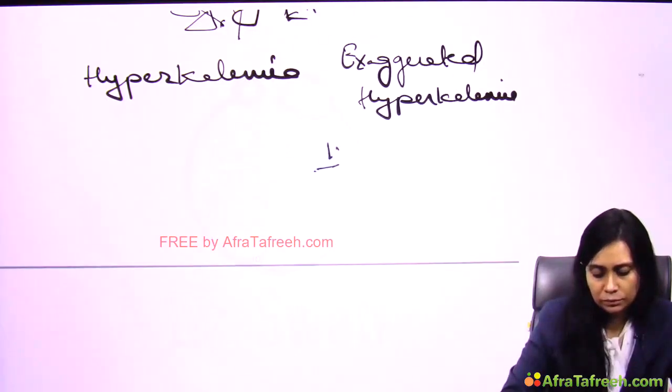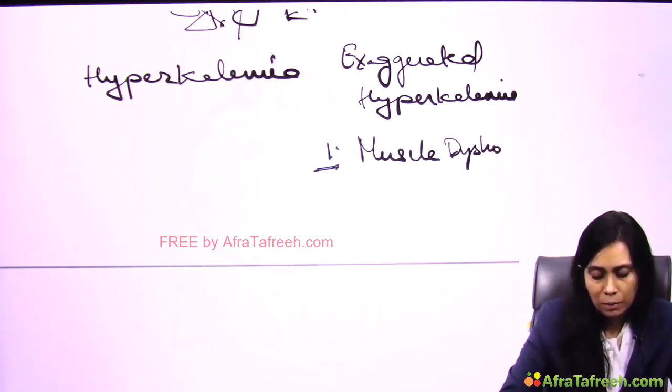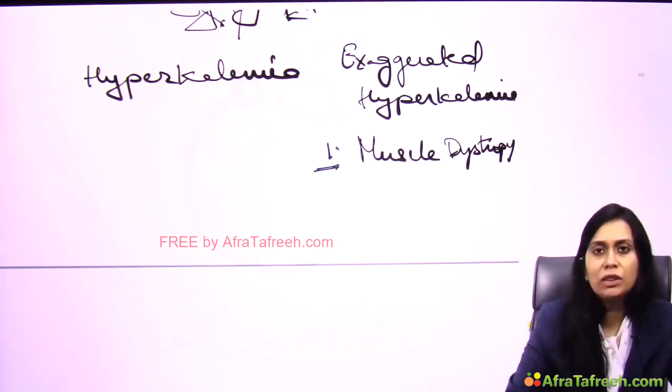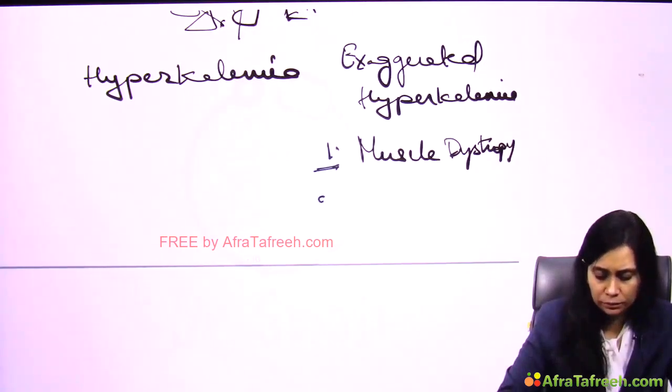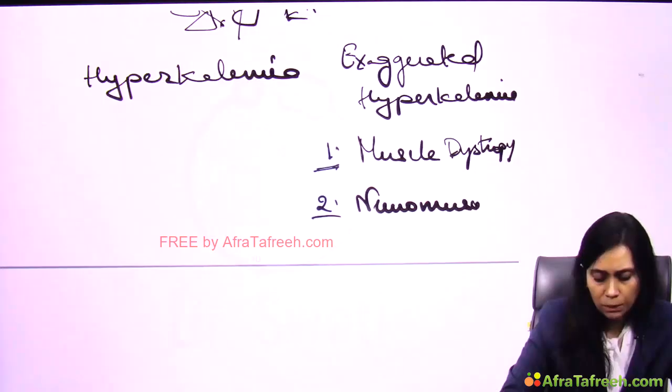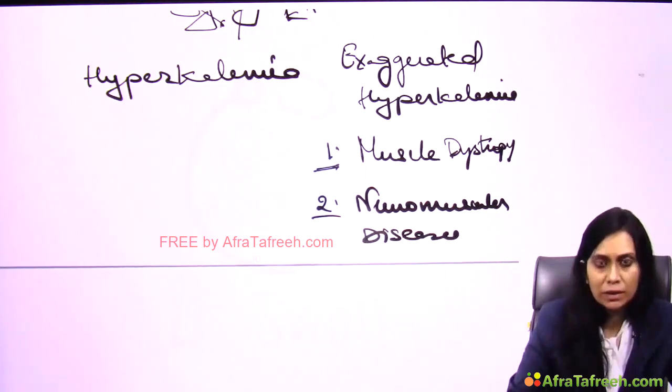Number one, muscle dystrophy. Guys, in muscle dystrophy, the neuromuscular junction is not working properly. Through a feedback mechanism, the extrajunctional receptor gets proliferated. Second, neuromuscular disease.